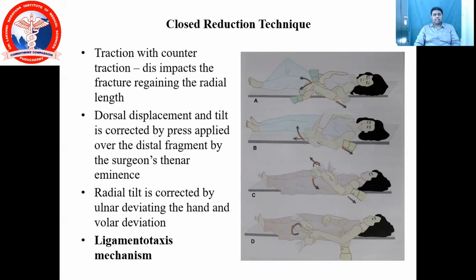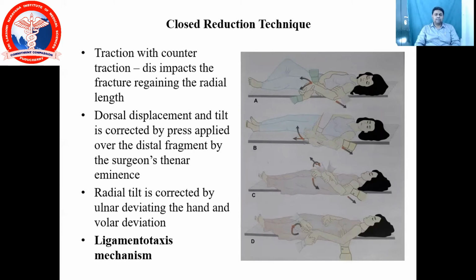Traction and counter traction are given to disimpact the fracture and to regain the radial length. Then for the dorsal tilt and dorsal angulation, we flex the wrist joint to volar, and then give ulnar deviation. So whenever you do volar pressure and then a radial ulnar deviation, all the deformity is corrected.